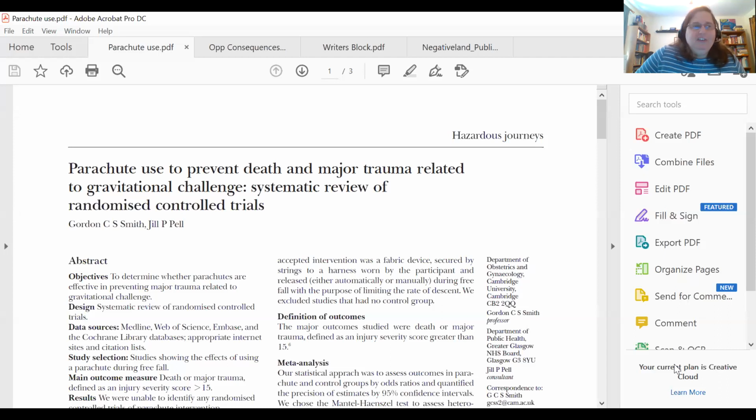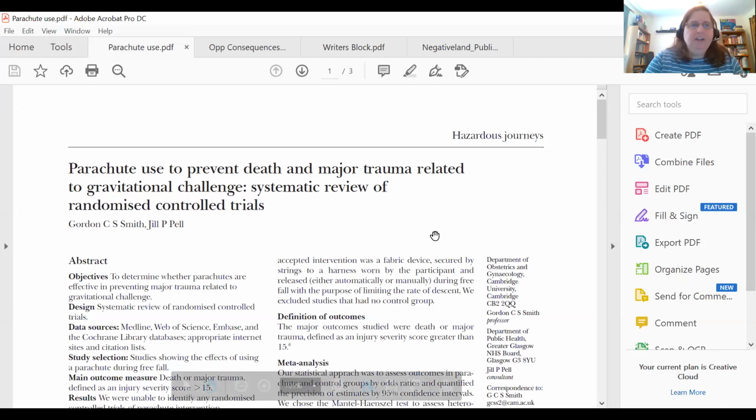So this is obviously kind of a joke article. As you can see, it was published in Hazardous Journeys. And they're saying, yeah, use a parachute to prevent death if you're going to jump out of an airplane or something like that. And so, yeah, we kind of know parachutes are a good idea. We didn't really need this article.